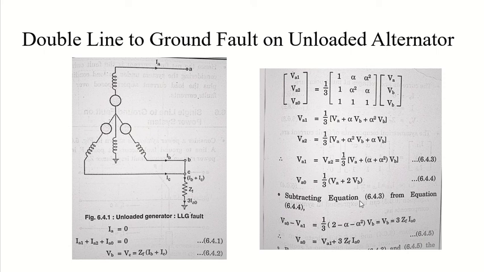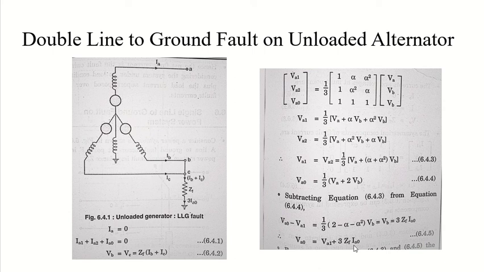And you will be finding the value of VA0. So in order to find the value of VA0, what you can do, you can simply send VA1 on the other side. So you will get VA0 equals to VA1 plus 3 into ZF IA0. So it's that simple.